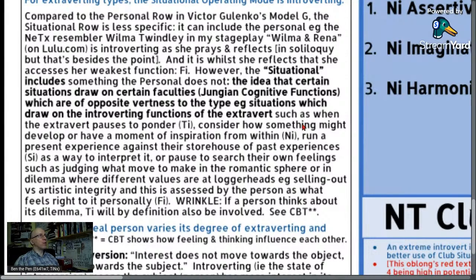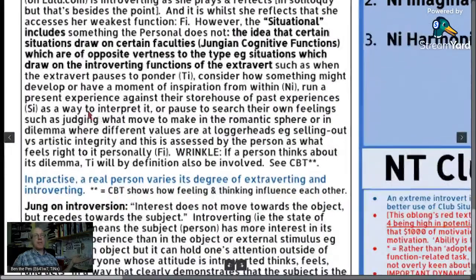So our situation includes something the personal does not: the idea that certain situations draw on certain faculties which are opposite in vertness to the type, e.g. situations which draw on the introverting functions of the extrovert, even when the extrovert is not on their territory, not in their safe space. So there, the extrovert pauses to ponder, considers how something might develop out of a moment of inspiration from within.